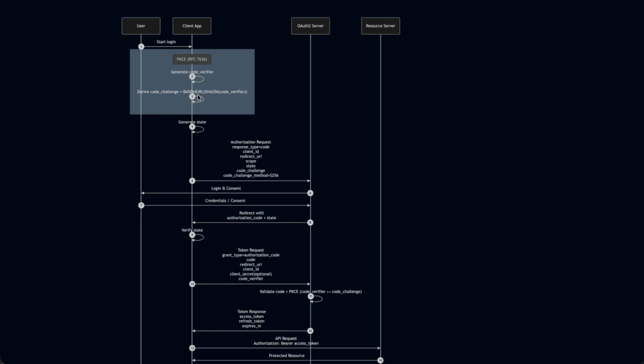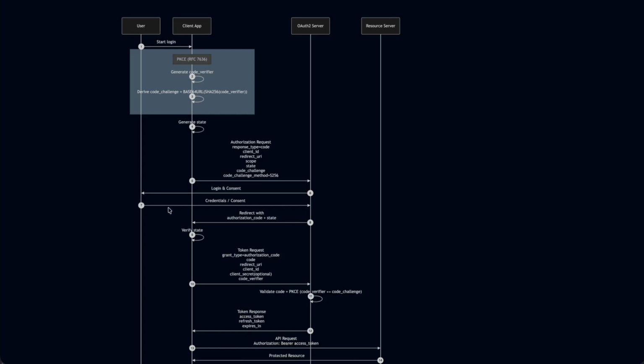And this is the hash that the client app first sends to the OAuth server along with a generated state string and client ID, and of course the redirect URL that this OAuth server needs to redirect to after the user logs in. So the code challenge is the hash of this code verifier, and the OAuth server receives all of this information and then presents the login and consent UI to the user.